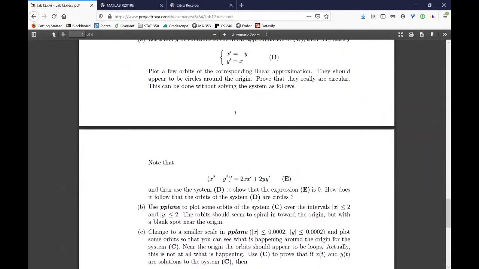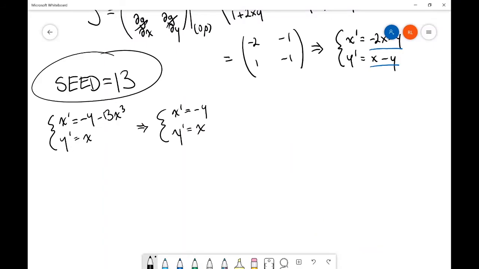Note that the derivative of x squared plus y squared is equal to 2x x prime plus 2y y prime because of the chain rule here. And then use the system D to show that the expression E is 0. So we have it here, right?